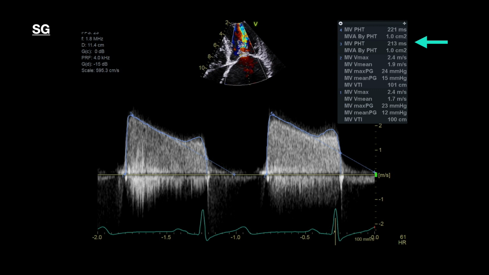And putting that line in means the computer will calculate it for you, which is amazing. So those images give us a mean gradient of about 15 in one and 12 in the other, and a mitral valve area by pressure half time of 1 centimetre squared.